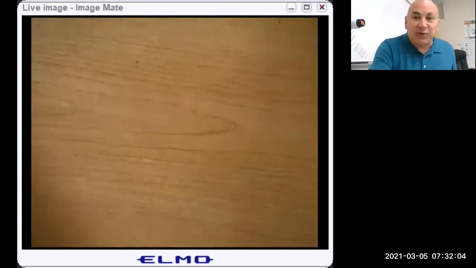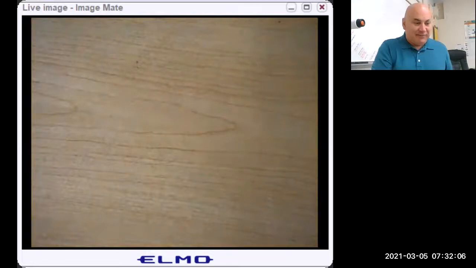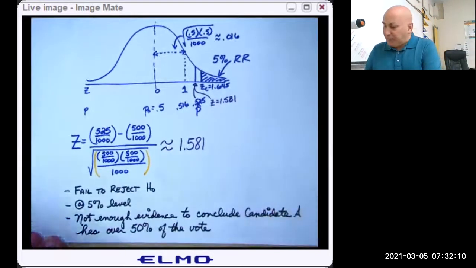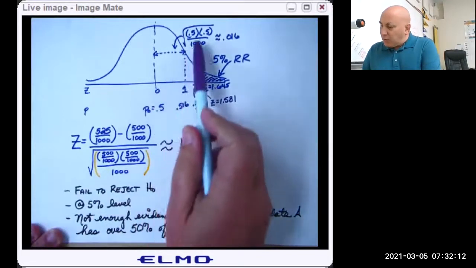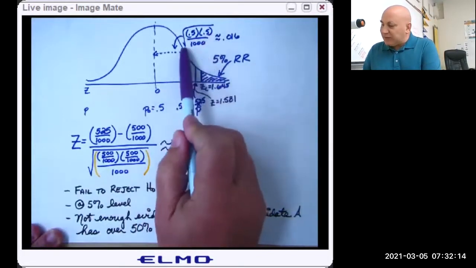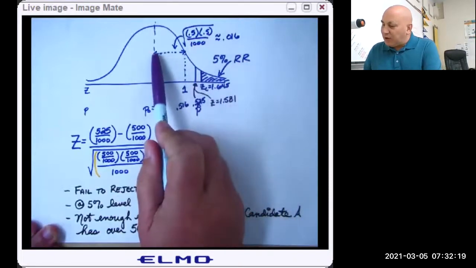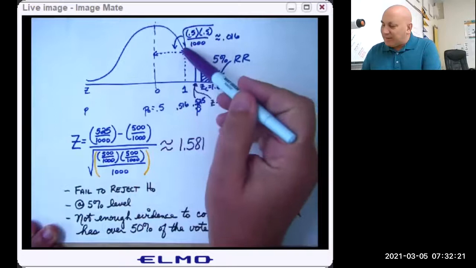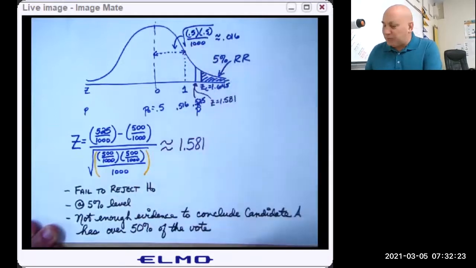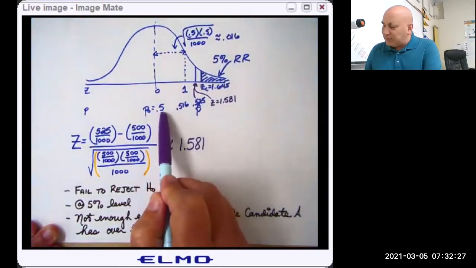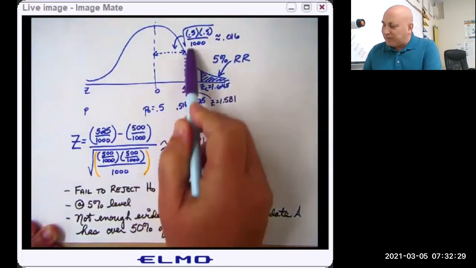But the curve is going to be centered at 0.5. So 1/2 times 1/2 over 1,000, take the square root, gives us 0.016. If I go over one standard deviation, you add 0.016 to 0.5 and you get 0.516.